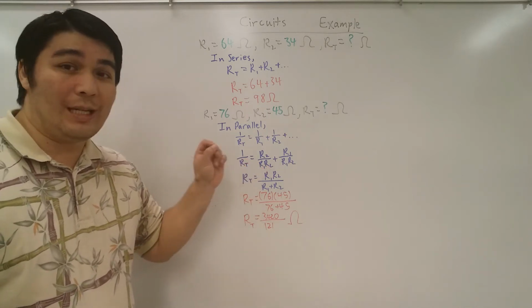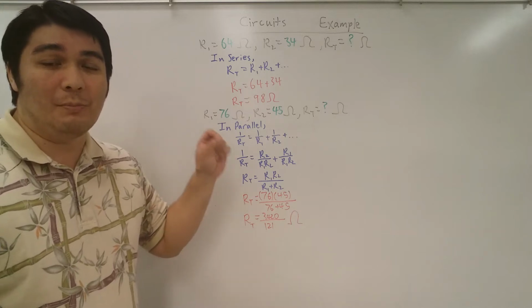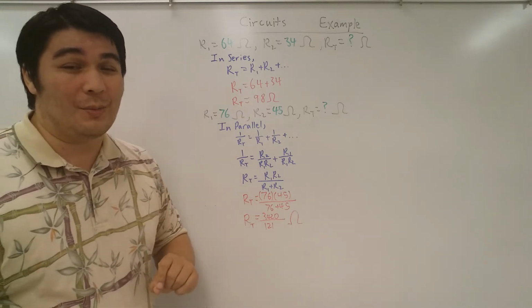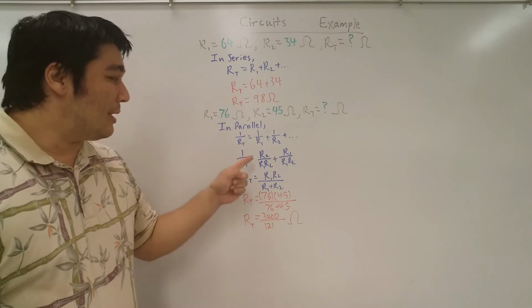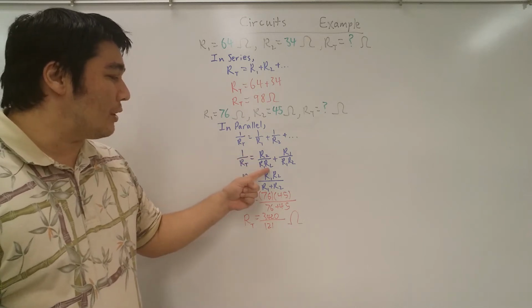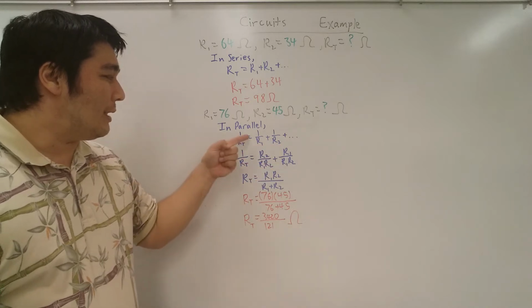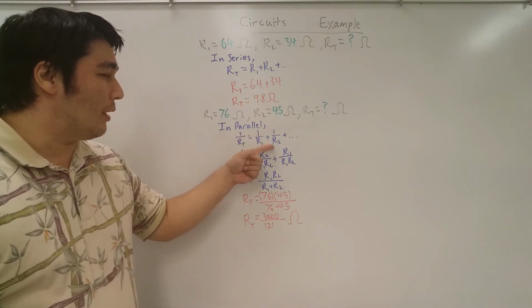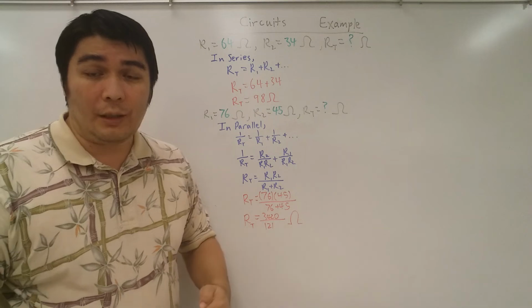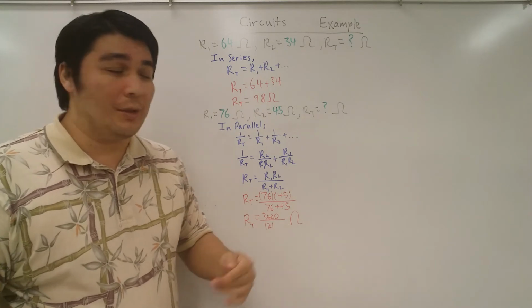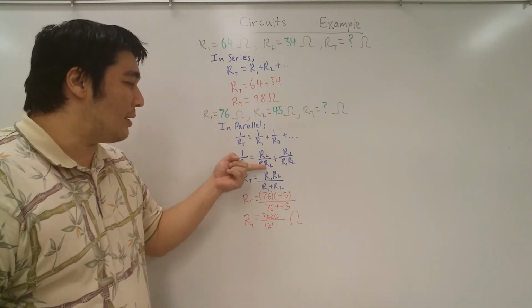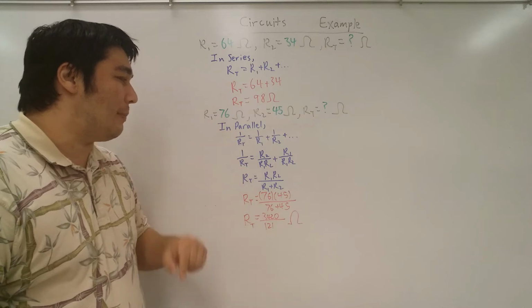So what I did was I took each of the fractions and I just multiplied them by 1, which is one of our favorite math tricks. So in this case, I multiplied it by R2 over R2, and I multiplied this fraction by R1 over R1, keeping the 1 over R1 and 1 over R2 still there, so that it's a little bit easier to see as you track from this step to this step.